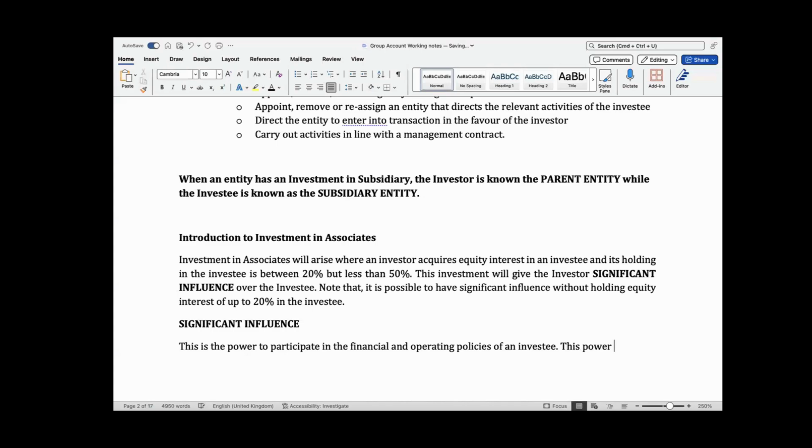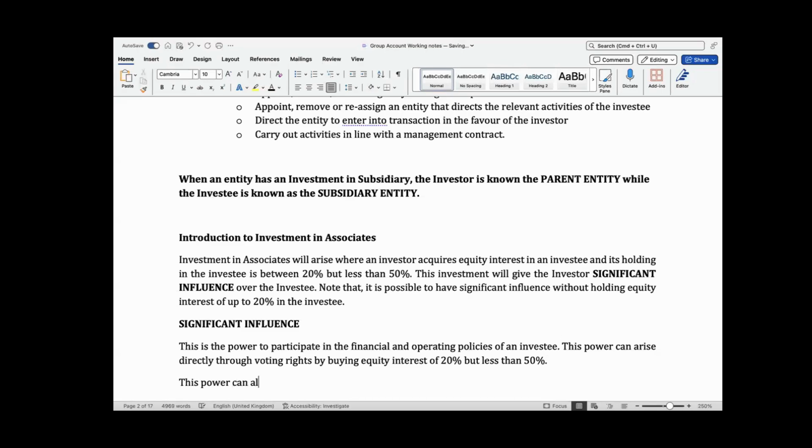This power can arise directly through voting rights by buying equity interests of 20%, but less than 50%.